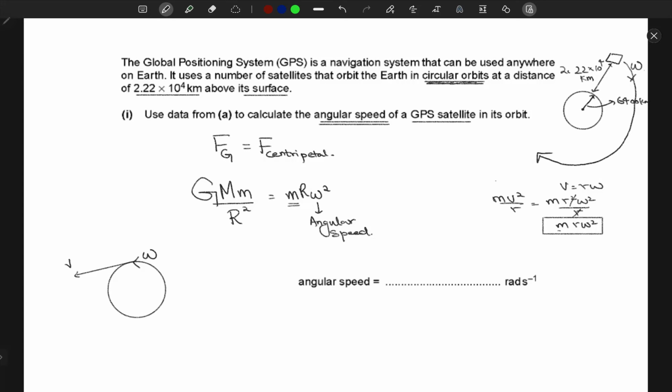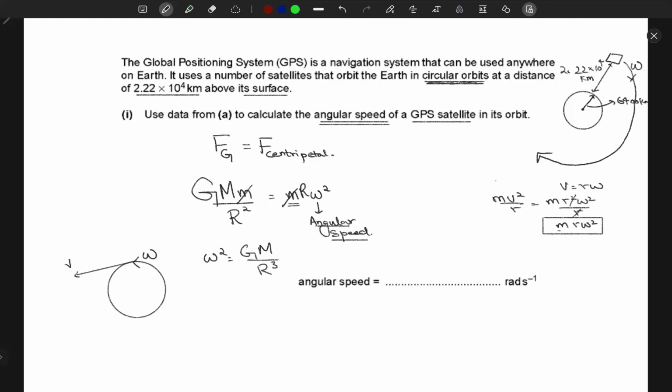Now we can simplify this equation and write it for the angular speed. You can just cancel this m with this m, and this becomes omega squared equals G M by r cubed, right?